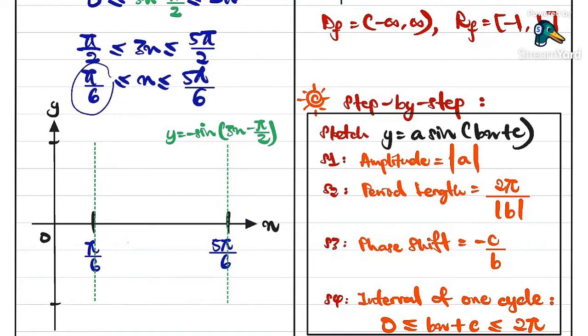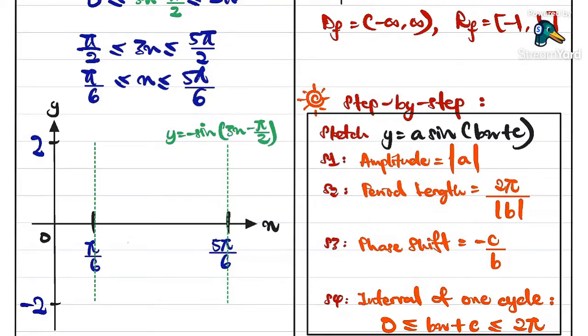So we just focus between this cycle. The beginning of the cycle is from pi over 6, and the end of it is 5 pi over 6. And don't forget to put its amplitude. The amplitude is 2 and negative 2. So that is also important.